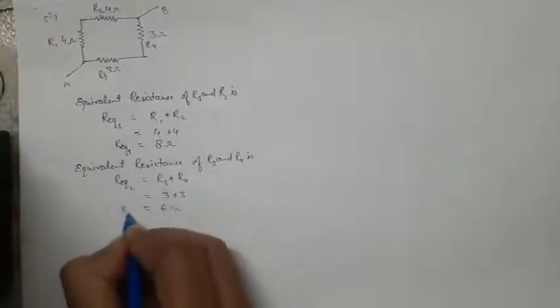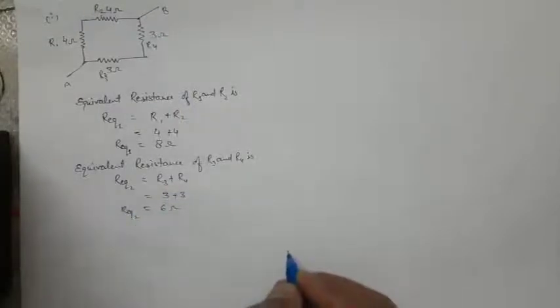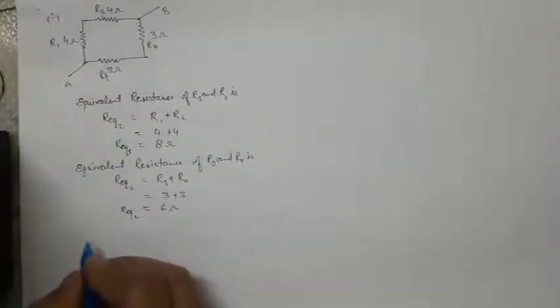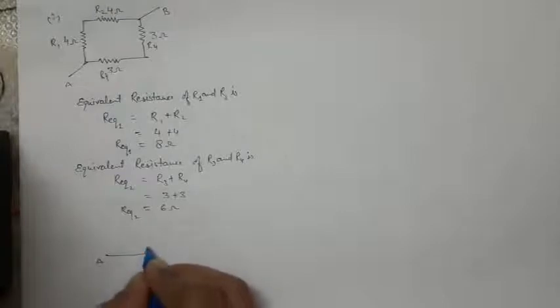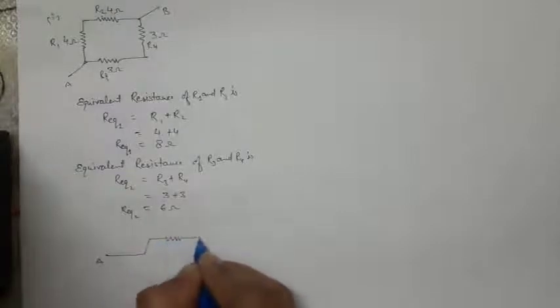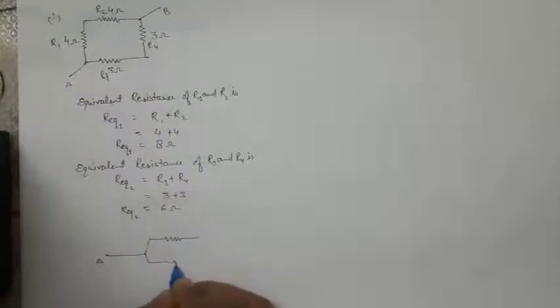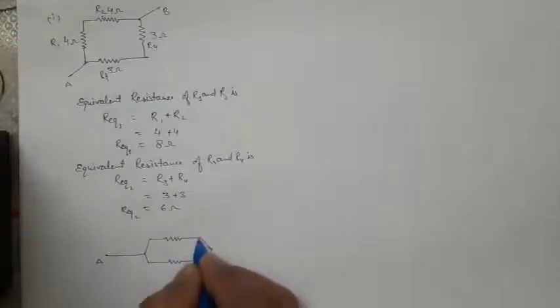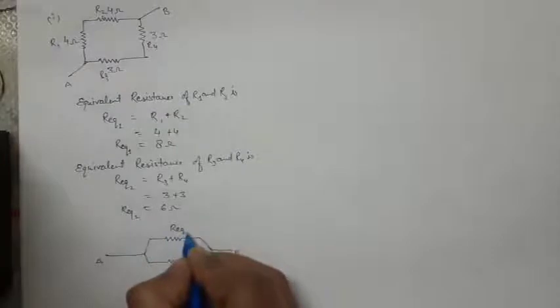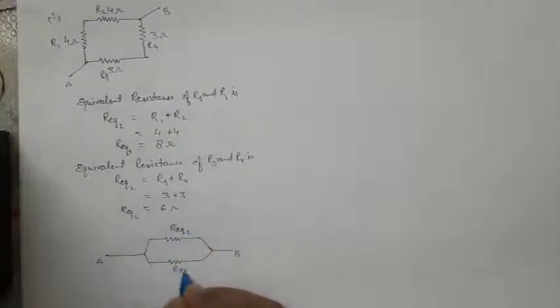Now we redraw the diagram. Here is R equivalent 1 and here is R equivalent 2. It is the point P.